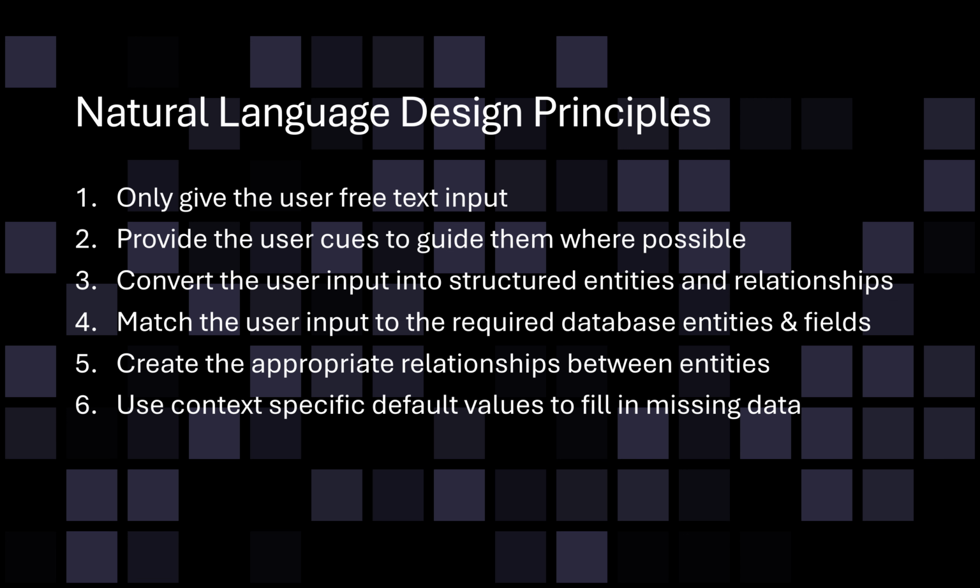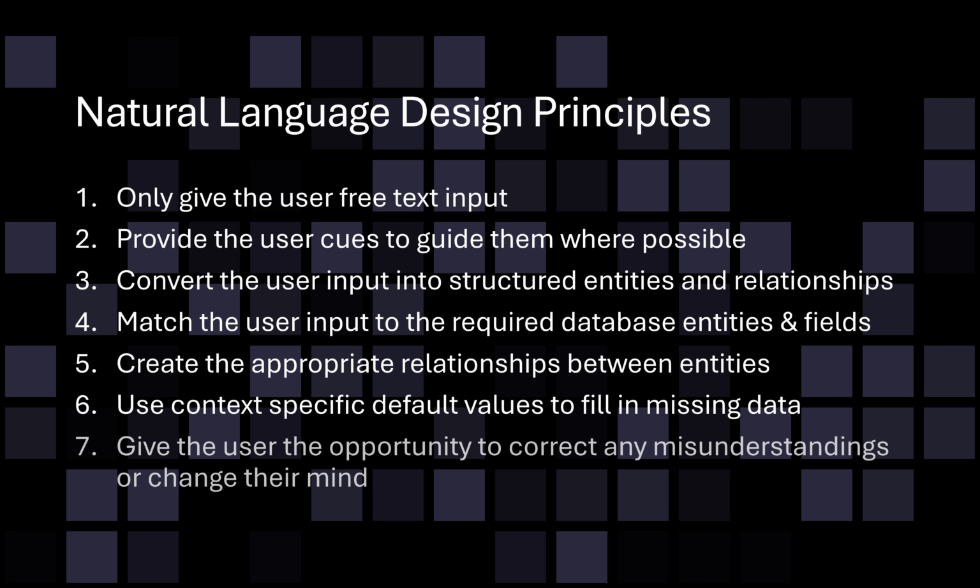So in the example with the burgers, where a meal was ordered with no mention of fries and drink, one was automatically added. And then lastly, we give the user the opportunity to correct any misunderstandings or change their mind.